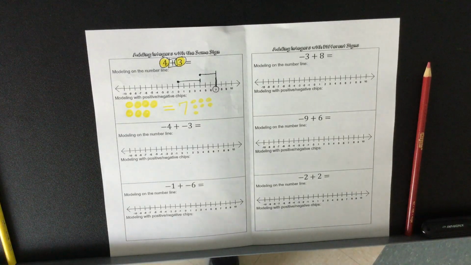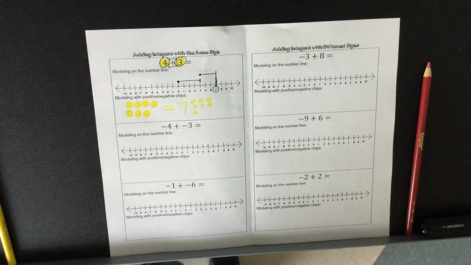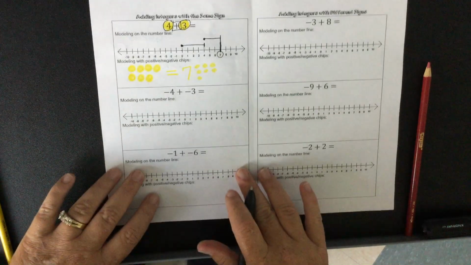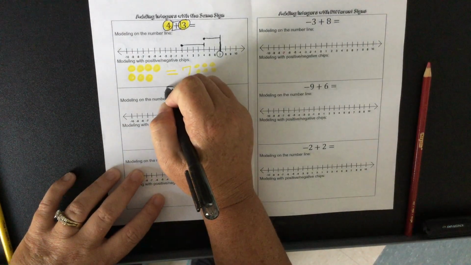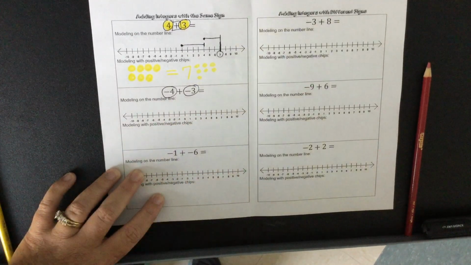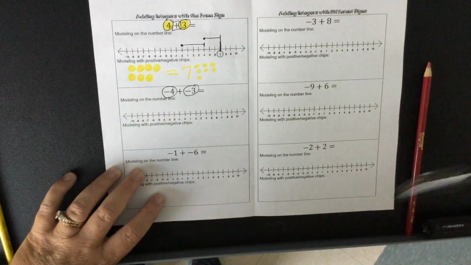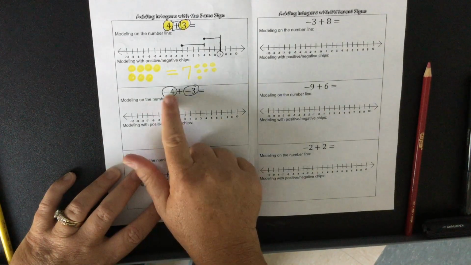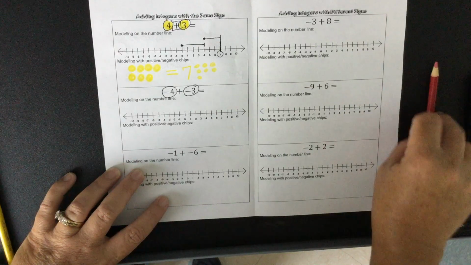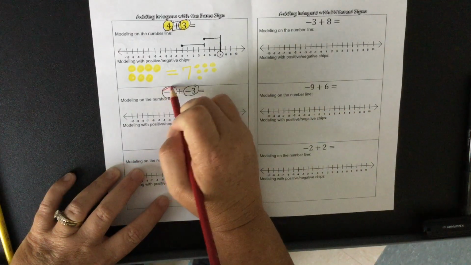All right, let's look at this second one, which is negative 4 plus negative 3. I'm going to circle my integers so that I can see it. Now, what type of integer is negative 4? Negative. So let's shade this one in. What color?